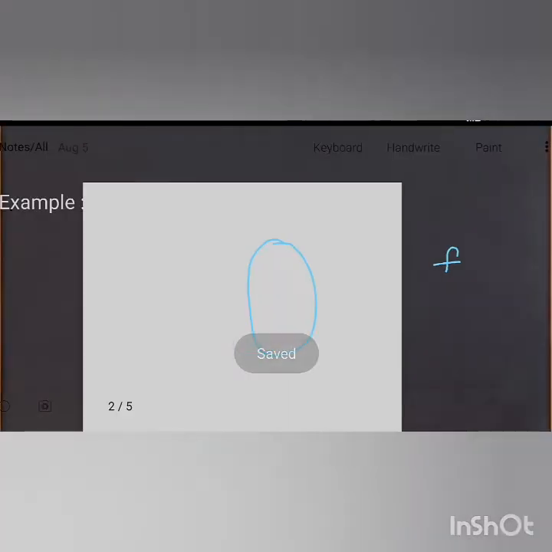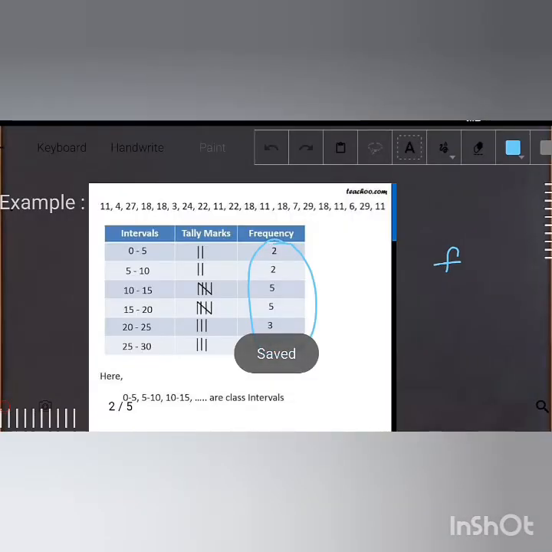Now let us check for the first one. Here the lower limit is 0, upper limit is 5.